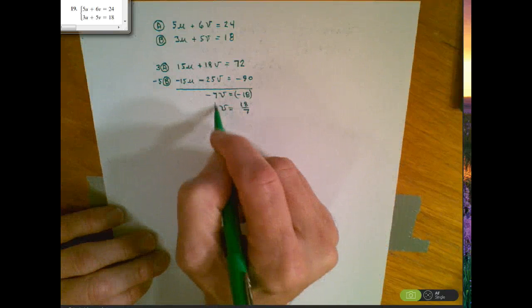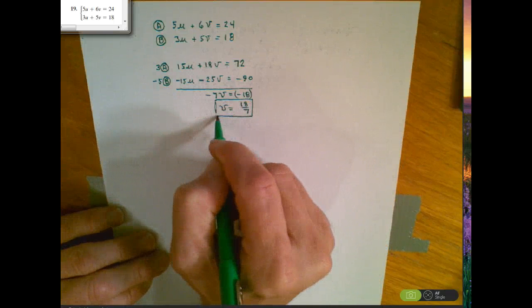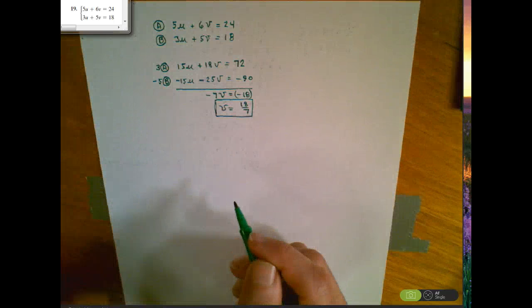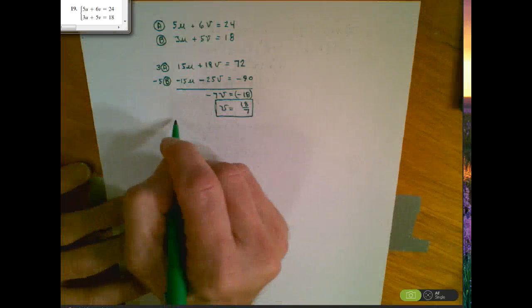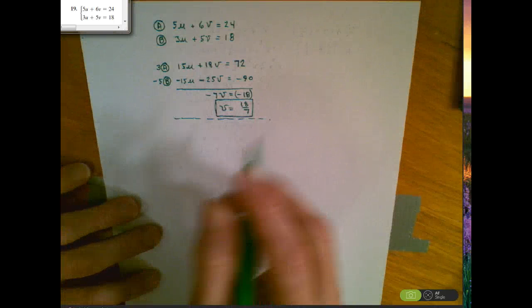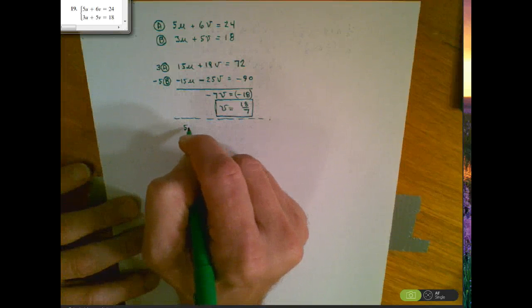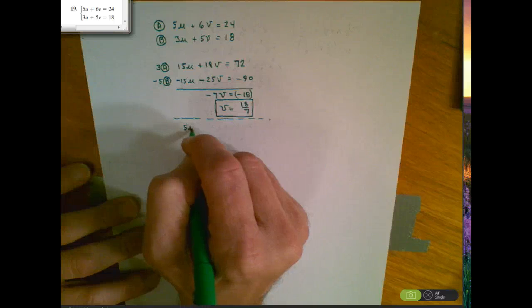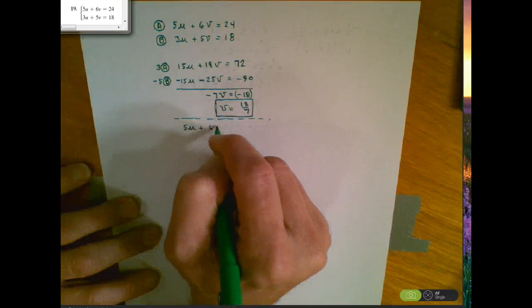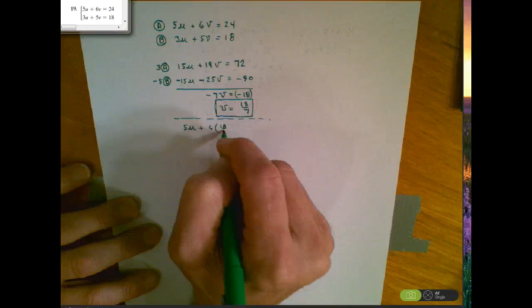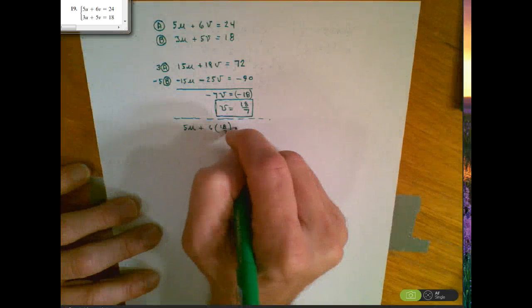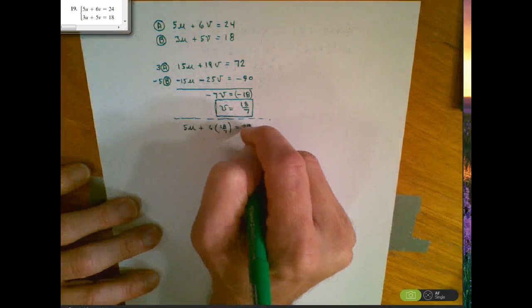So now that I have v solved for, I will search back and decide which equation is the easiest to deal with. In this case, A or B, both are probably just as difficult. So I'm going to substitute into the first equation: 5u plus 6 times 18 over 7, that's my value that I found for v, is equal to 24.